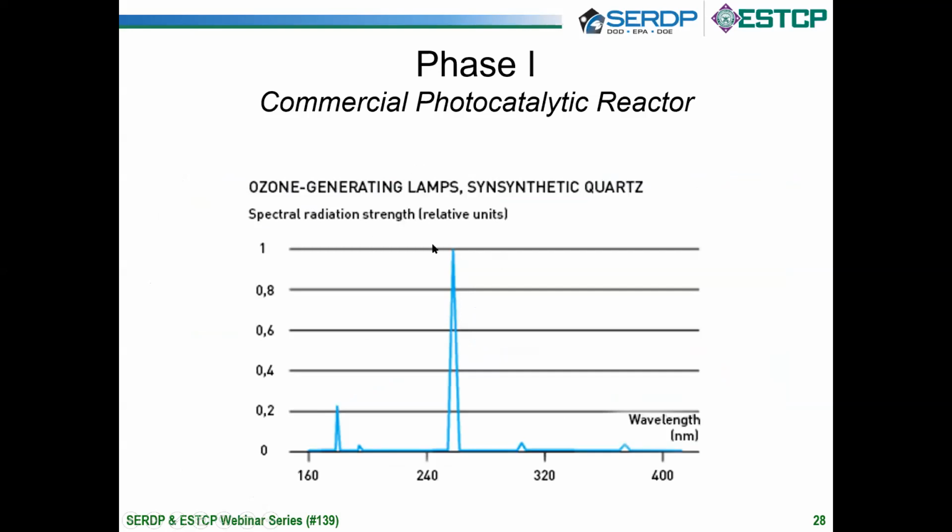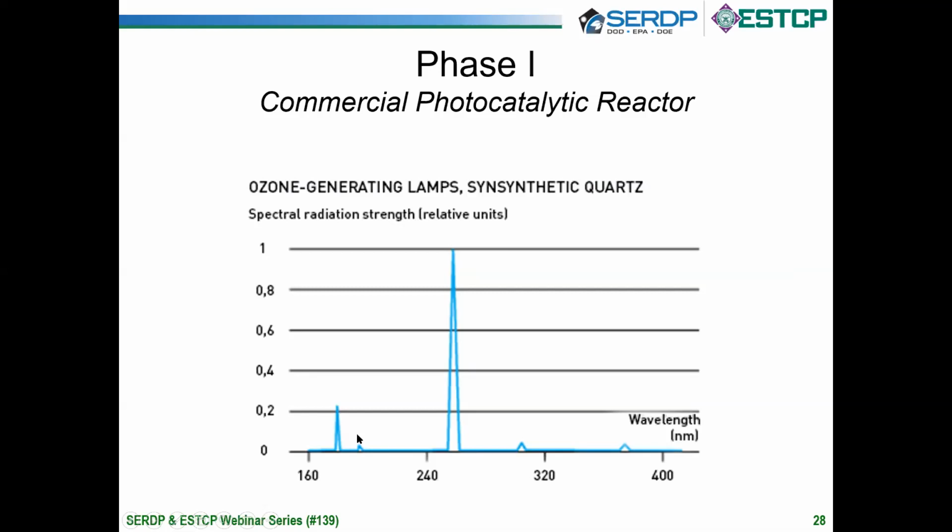If you're not familiar with UV mercury lamps, there are really two flavors of these. First is the ozone-generating lamps, which have emission at 254 nanometers primarily, shown here. But there is also a secondary emission peak at 185 nanometers, which is in the vacuum UV range.